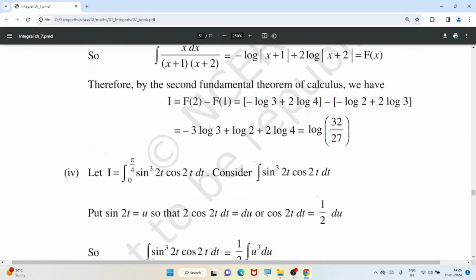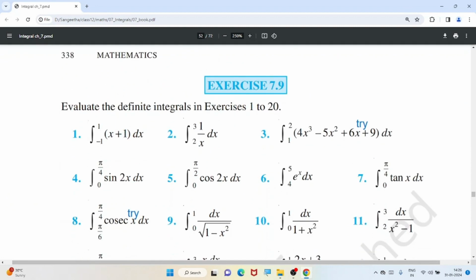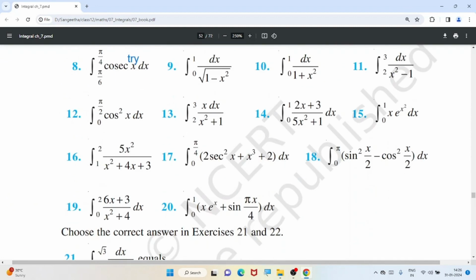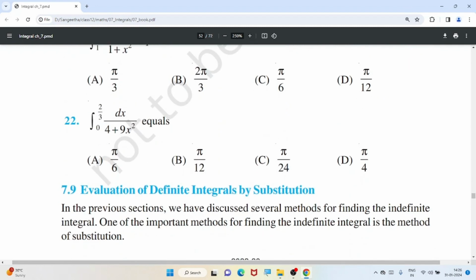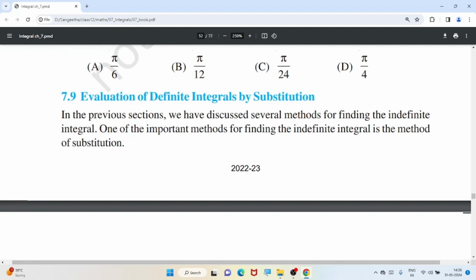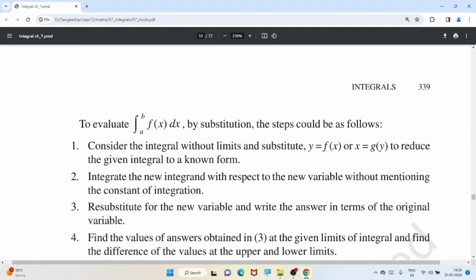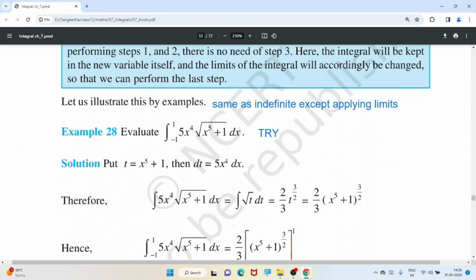Partial fraction. So this is the method of substitution. Basically, for indefinite and definite integrals, the substitution method is the same. The only thing is that here we are going to use the limits. In indefinite integration there were no limits, but here we will be applying limits.